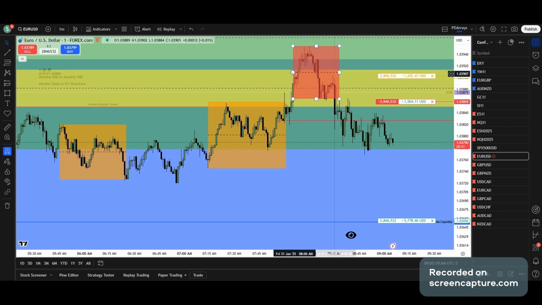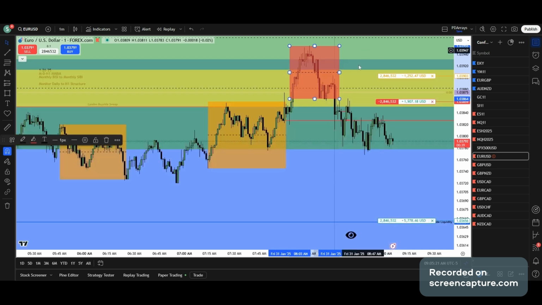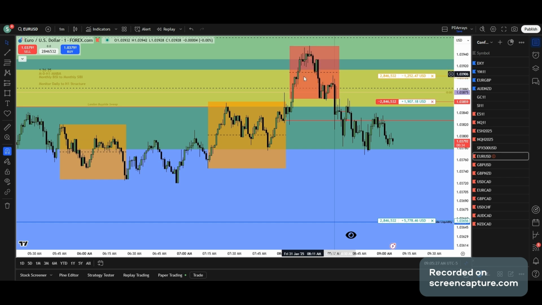Right there. So what we have here, we have this short-term high, this short-term low right there, and then it gets displaced. So that's right at the beginning of this, between 8 and 8:30. You get that displacement. Price comes up, so it leaves a fair value gap, and then it gets displaced again.